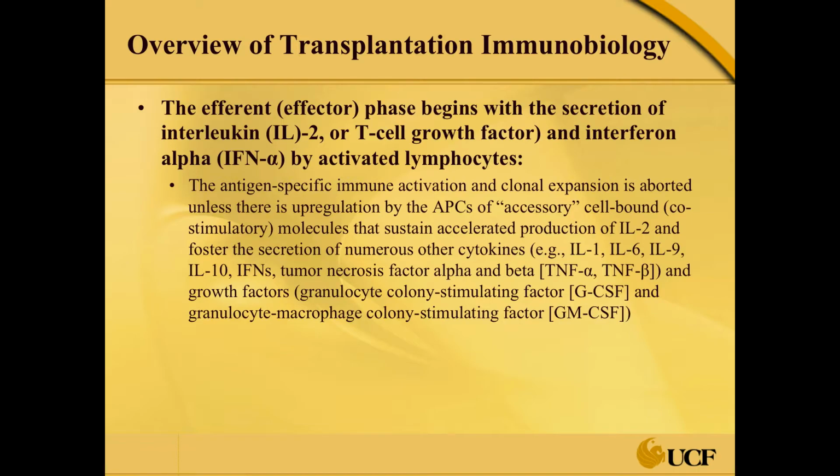The antigen-specific immune activation and clonal expansion is aborted unless there is upregulation by the APCs of accessory cell-bound co-stimulatory molecules that sustain accelerated production of interleukin-2 and foster the secretion of numerous other cytokines, including things like tumor necrosis factor alpha and beta, growth factors, and granulocyte colony stimulating factors, which you probably remember from your pharmacology course when we talked about how those are used to stimulate the bone marrow.